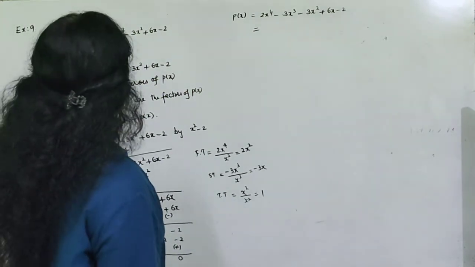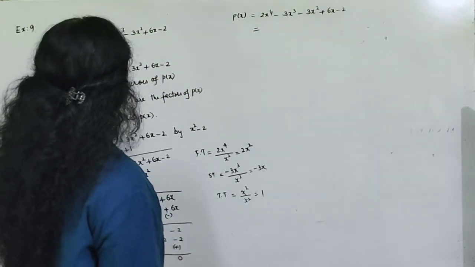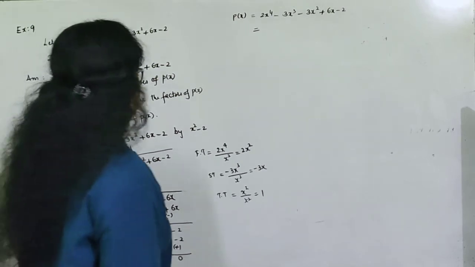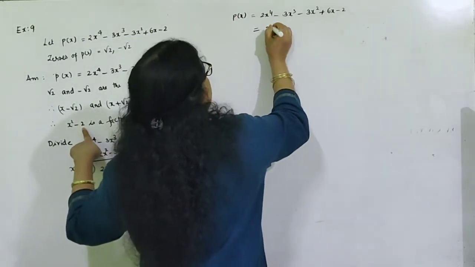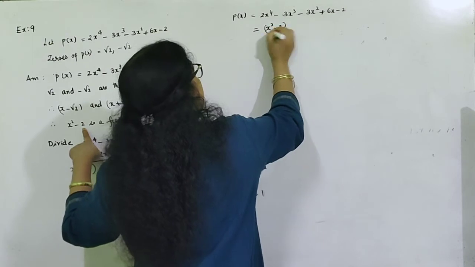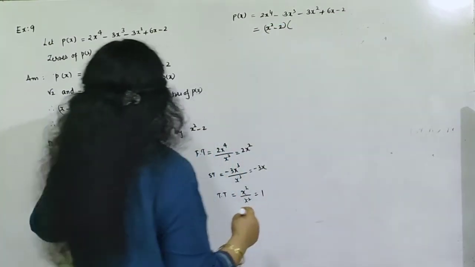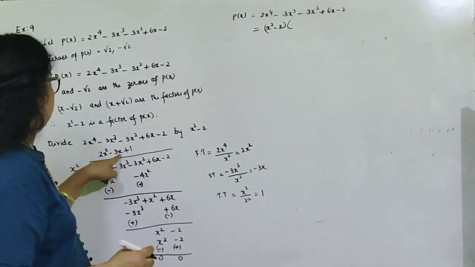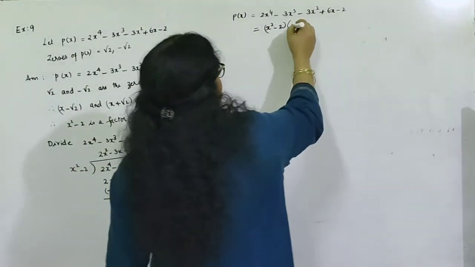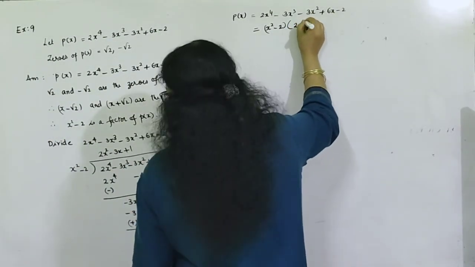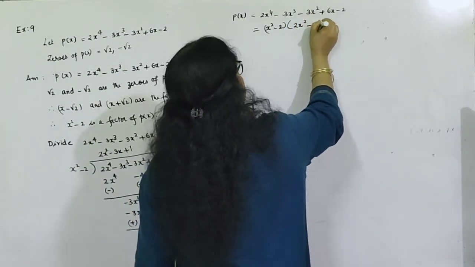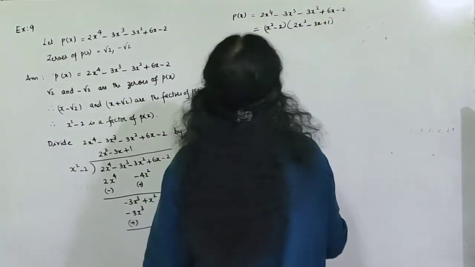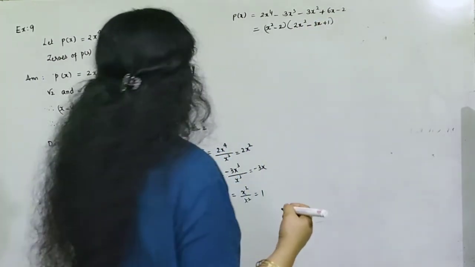What is the divisor? x square minus 2. And the quotient is 2x square minus 3x plus 1, plus the remainder, which is 0 only.